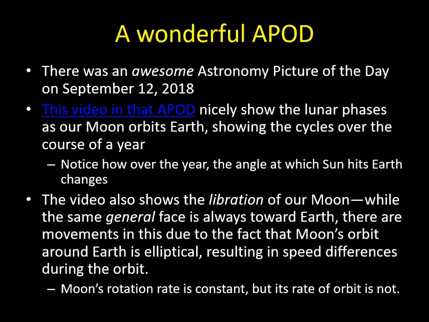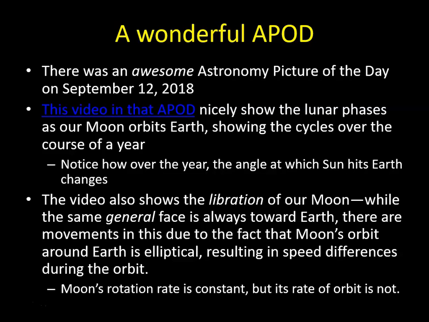Now, it turns out that our moon has an elliptical orbit around Earth, and that actually produces a really cool effect. There's a nice astronomy picture of the day that was shown on September 12th of 2018 that shows not only the phases of our moon over the course of a year, but another effect due to the fact that our moon's orbit is elliptical.